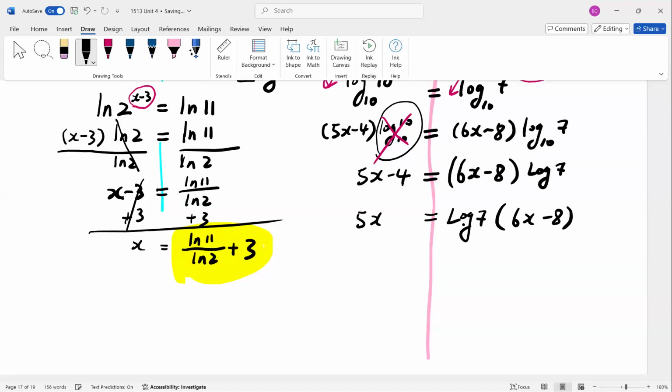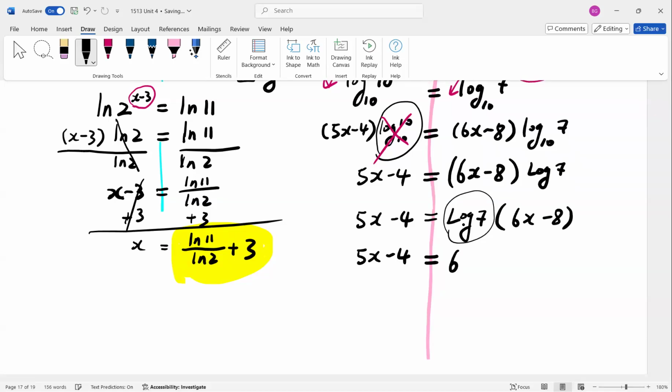And on the left side, we do not need to distribute because it doesn't have parentheses. If we use ln, we would have to do that part. But we are using log, so we have a 1 on the left side as a coefficient, so we don't have parentheses. So knowing this is a coefficient of the parentheses, now we're going to distribute. And we're going to have log 7 times 6 and times x.